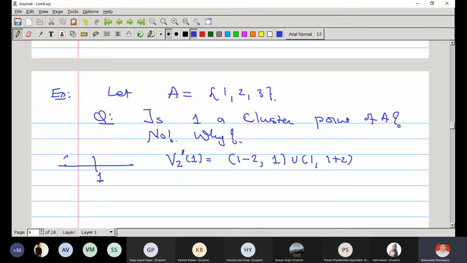I am looking at the 2 neighborhood of 1, 1 minus 2 and 1 plus 2, and except 1, I am neglecting 1. First of all, what is V2 of 1? V2 of 1 is minus 1 to 3, and I am deleting 1. So it is minus 1 to 1 union 1 to 3.